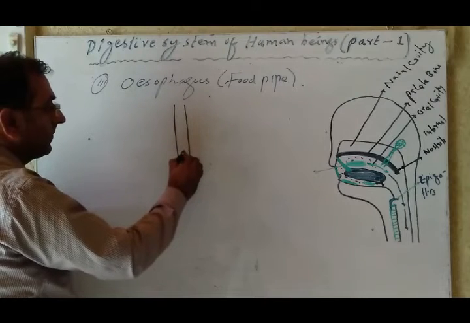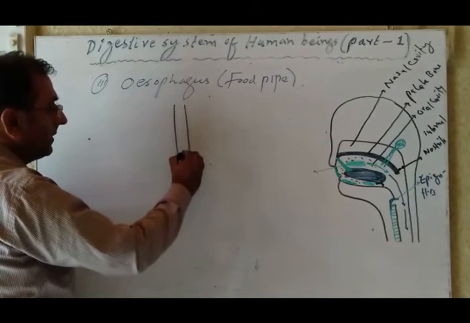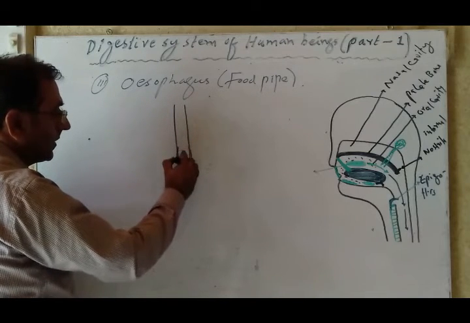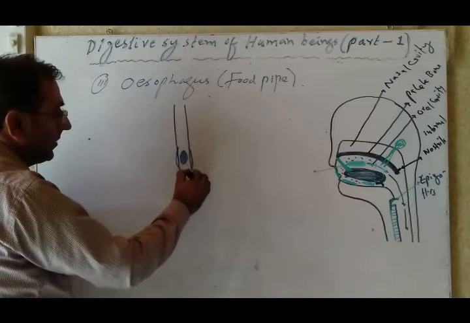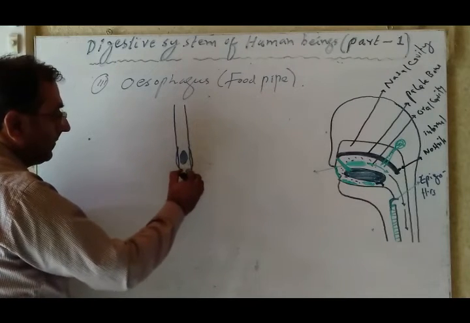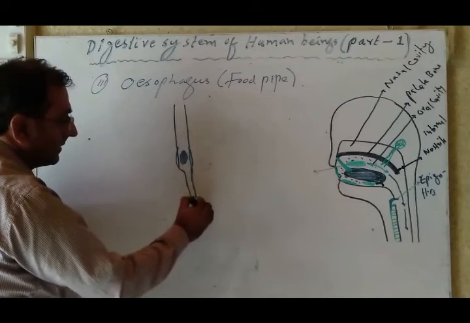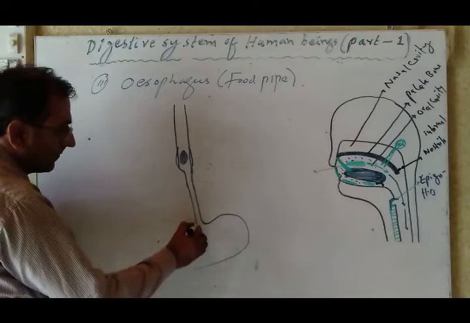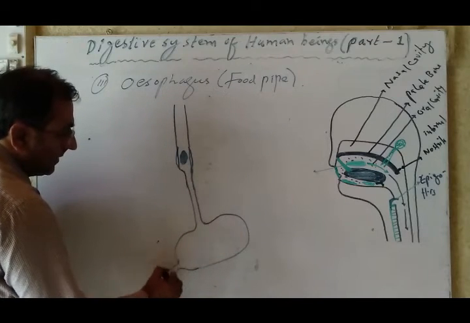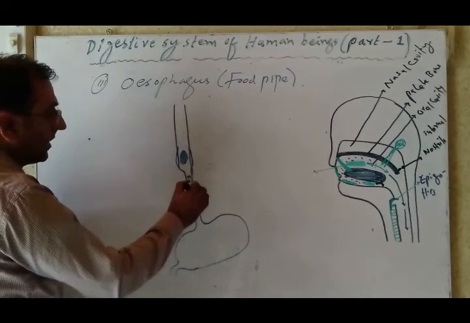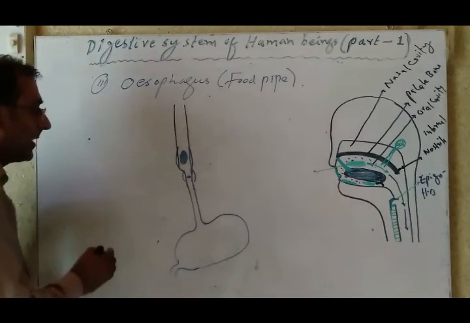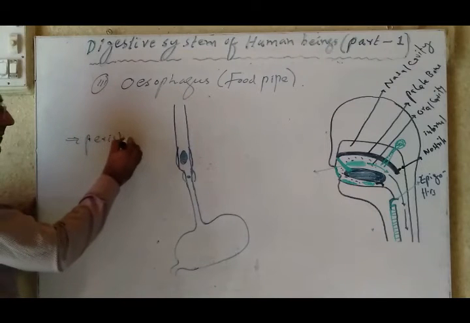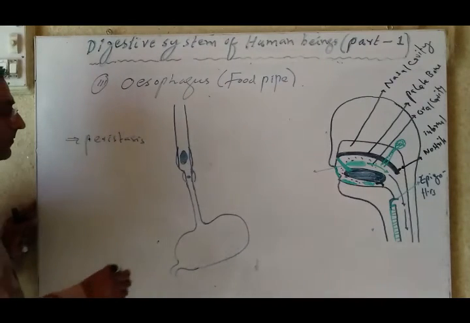When food passes through the esophagus, due to the contraction and relaxation of muscles of the esophagus, that movement of the food in the esophagus is known as peristalsis.